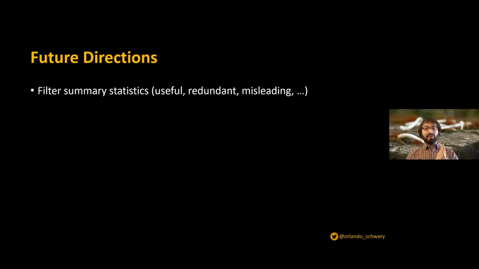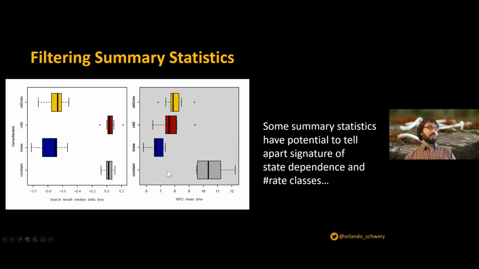But different summary statistics don't always agree on it. And so some of them we know, the blue and the yellow model are models where we have trait dependence. Gray is the constant model and red is the trait independent model.